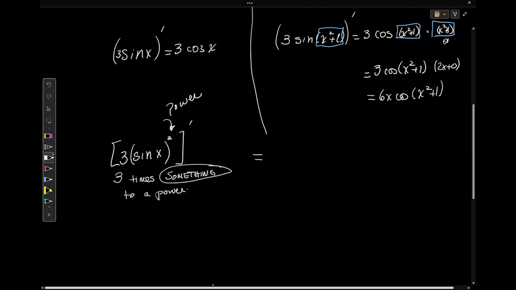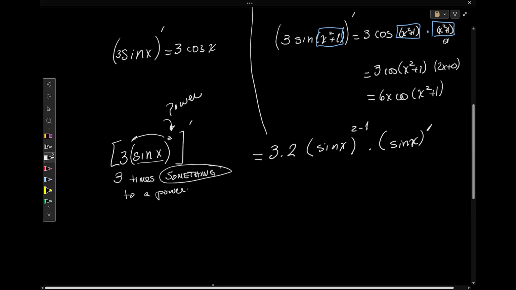So let's do it. Power rule says we're going to carry the 3. We're going to drop the 2. That's something to 1 less power, then times the derivative of that something. Let's put it. See, I didn't care what was inside.